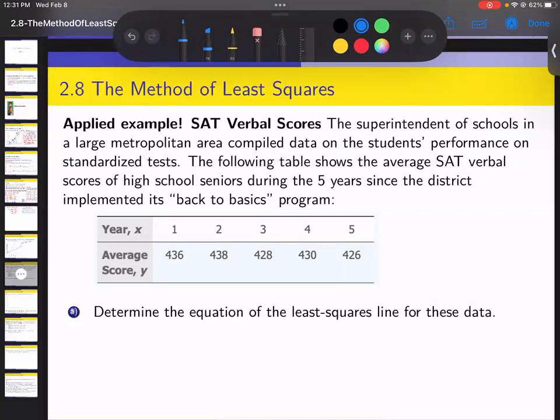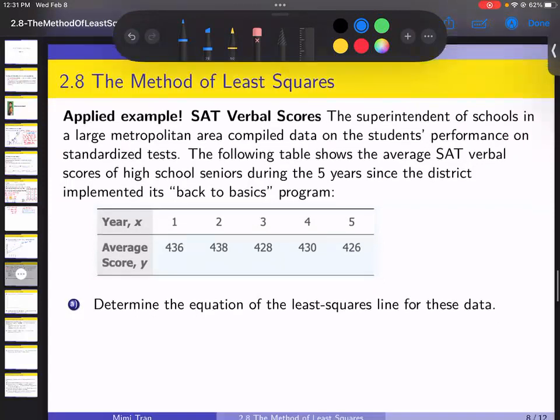All right. So first, you need to identify how many n you have here. What is your sample size? 5, right?